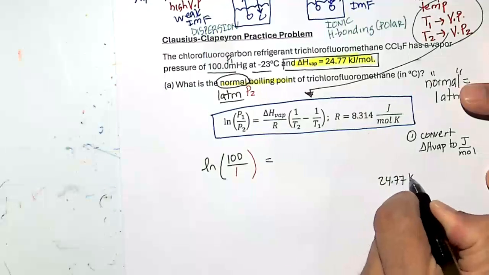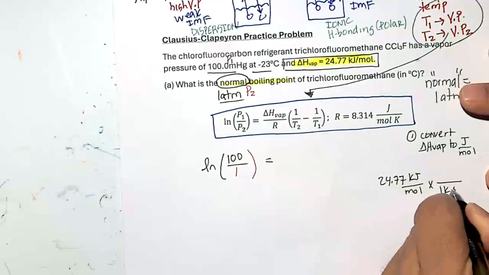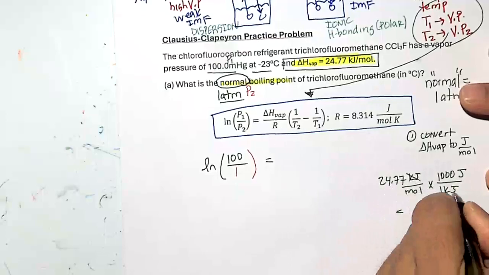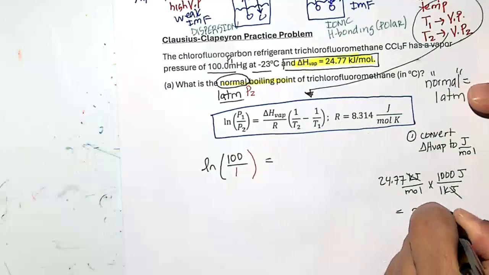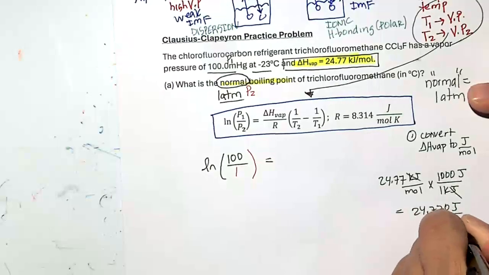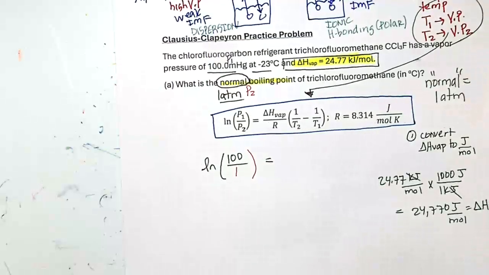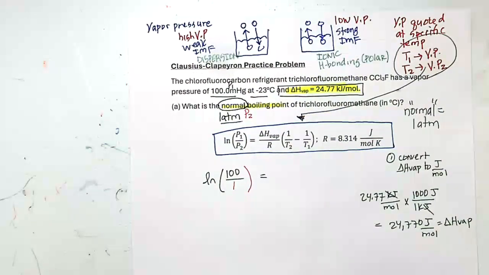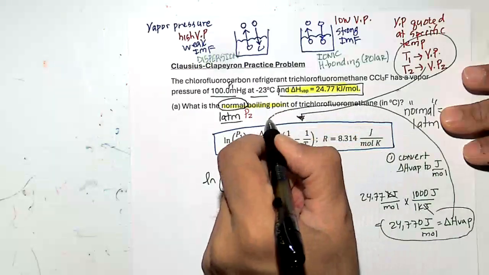You're going to take 24.77 kilojoules per mole. That's the conversion factor. So this becomes 24,770 joules per mole. This is our delta H vaporization, so that's what we're going to put in here.